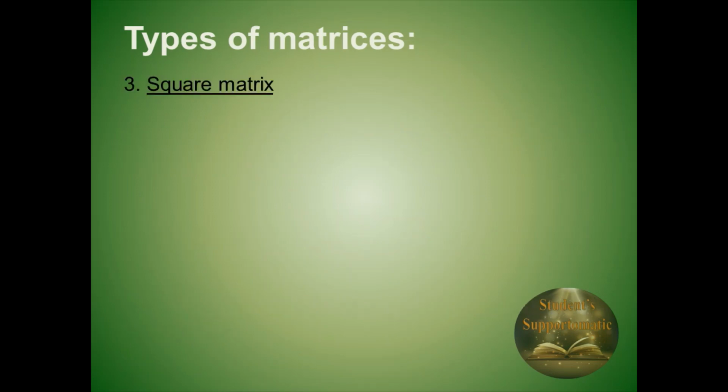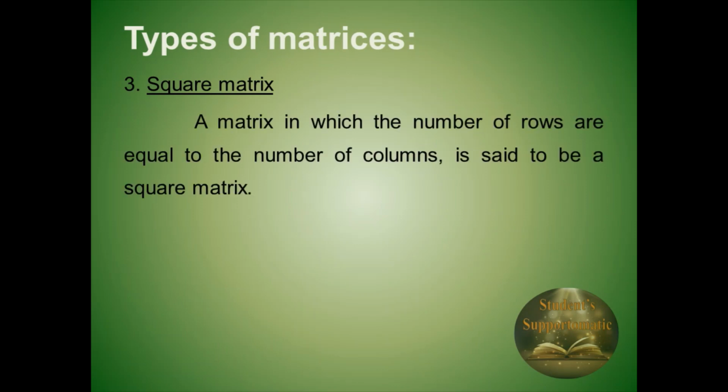Next, the third one is a square matrix. So we studied column matrix and row matrix. The third one is the square matrix. A matrix in which the number of rows is equal to the number of columns is said to be a square matrix. That is, m is equal to n.